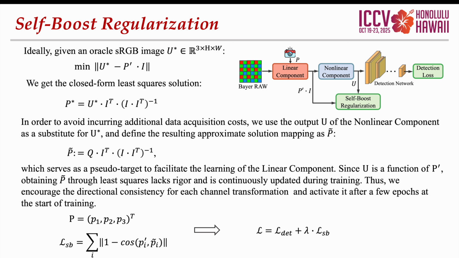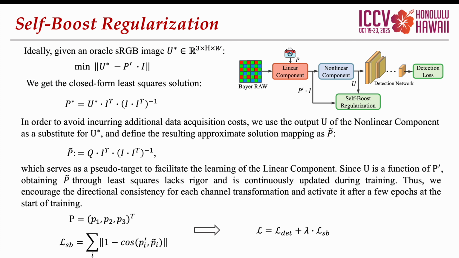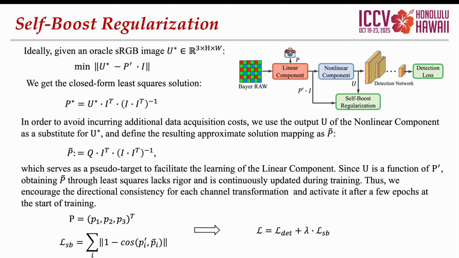Obtaining P tilde through this formula is not rigorous, and U is continuously updated during training. Thus, we encourage directional consistency using cosine similarity for each channel transformation, and activate it after a few epochs at the start of the training. This is the entire process of our self-post regularization mechanism.